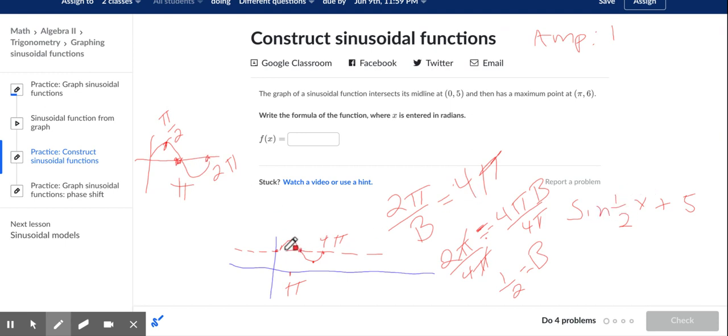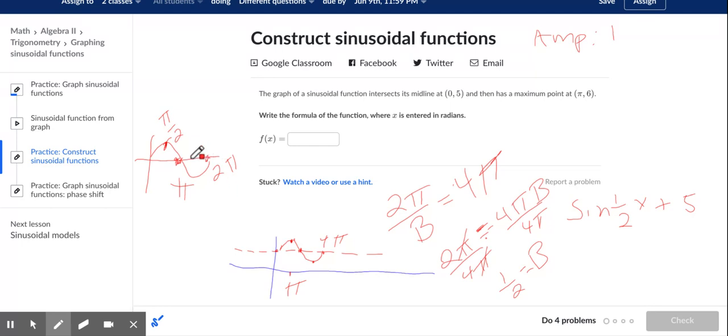So you can use just the information you have and do it this way, or you can compare it to the original. Say, okay, what would I do to this pi to get back to the original point, which was pi over 2? Well, I would have to multiply by a half. So that goes here. The only danger with this is not knowing these points, so you might have to figure them out.